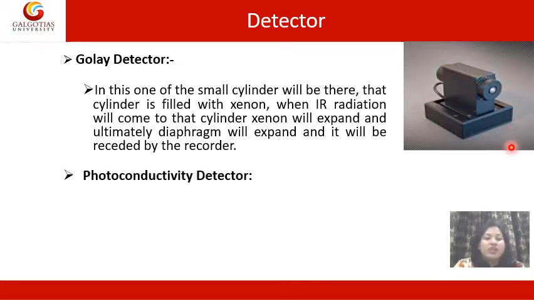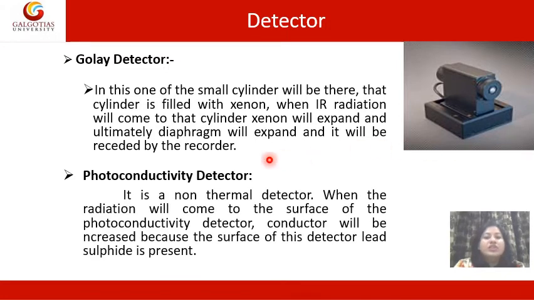Next detector is photoconductivity detector. It is a non-thermal detector. When the radiation comes to the surface of the photoconductivity detector, conductivity will increase because on the surface of this detector lead sulfide is present.